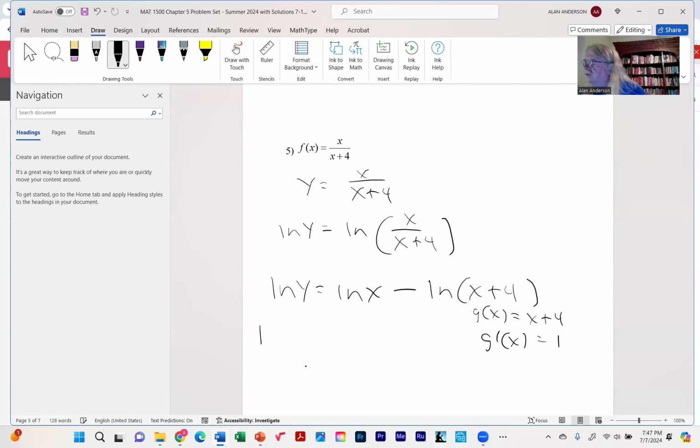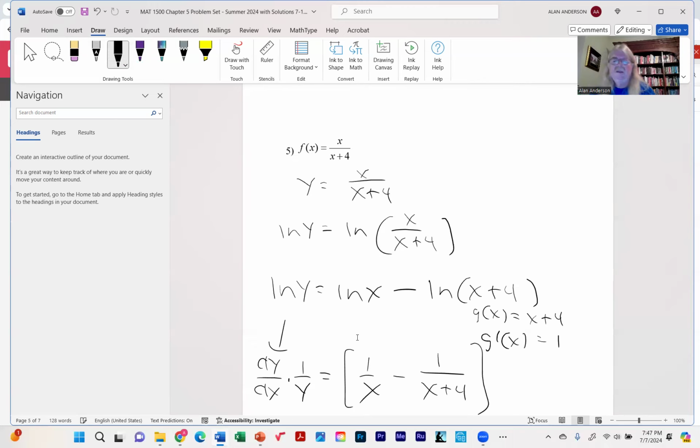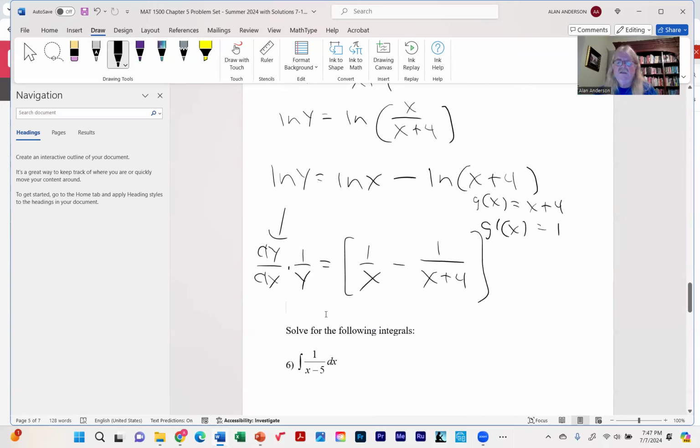So when we differentiate this, the log y becomes dy dx times 1 over y. This is just 1 over x. Now this one is going to be g prime of x over g of x, which means 1 over x plus 4. Okay. And now we just multiply both sides by y.